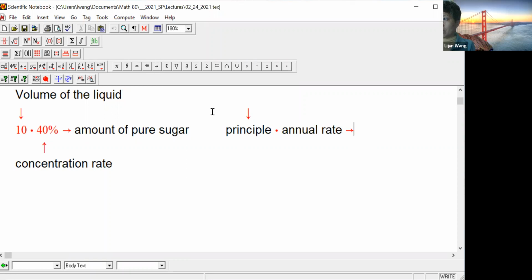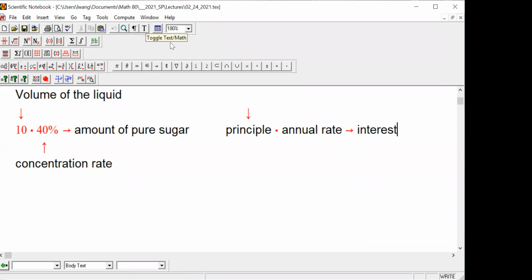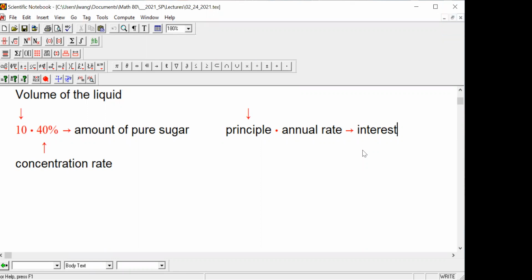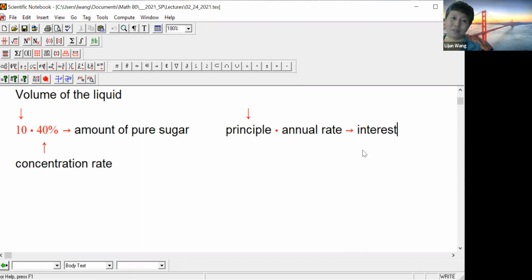What is that new meaning? Interest. Interest amount. That's right. When you look at these two formulas, do they look similar? Yeah, it looks similar. So it's the same idea, but different names, right? Does everybody see that?